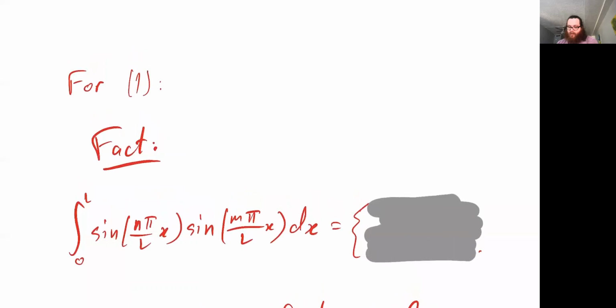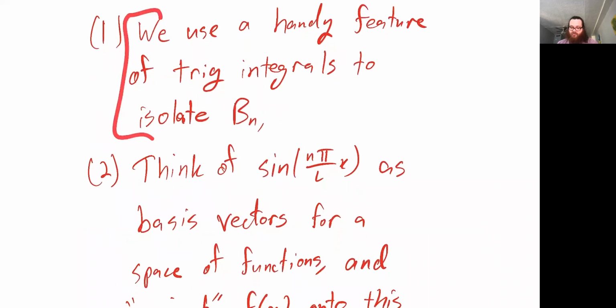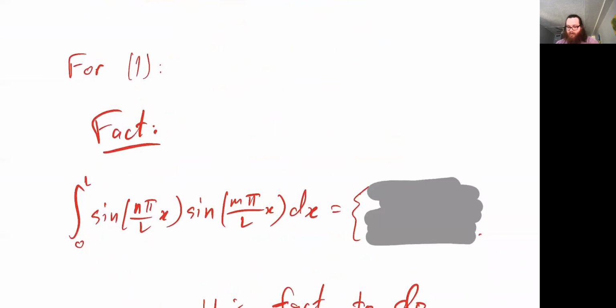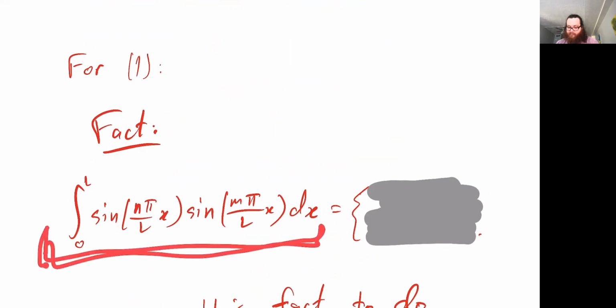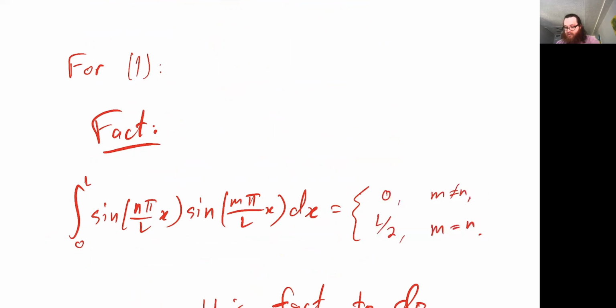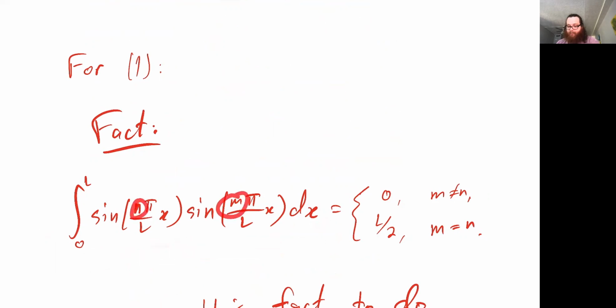Okay. So for one, recall up here is a handy feature of trig integrals. The trig integral we'll primarily be evaluating is this thing right here. And the fact is that whatever this integral is, it only depends on n and m.